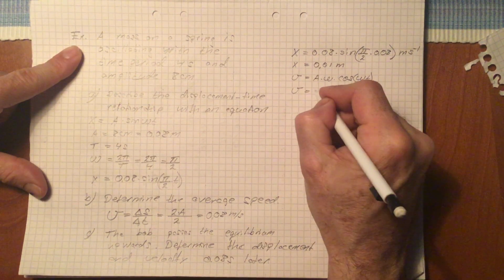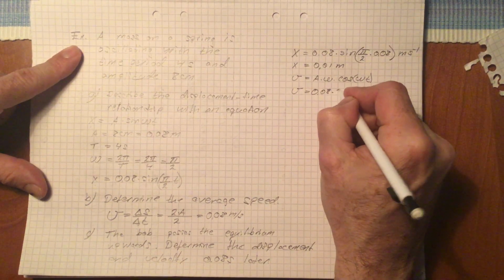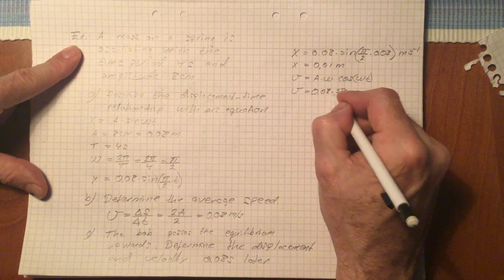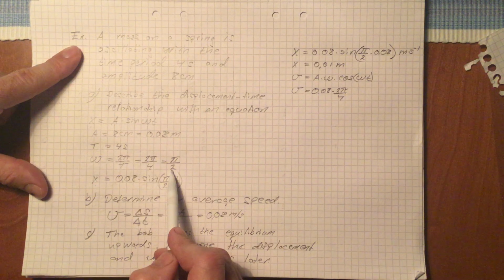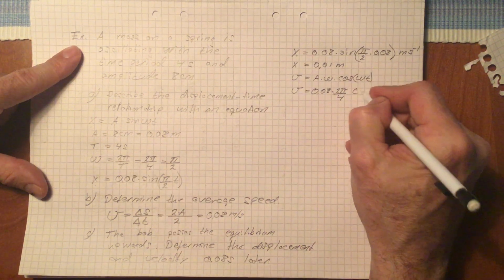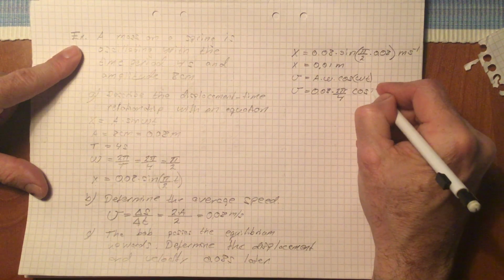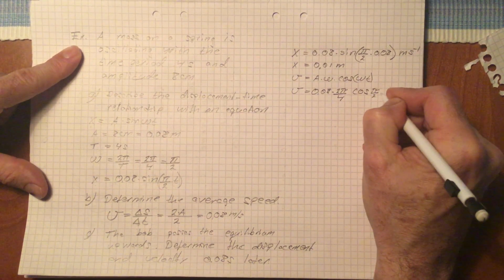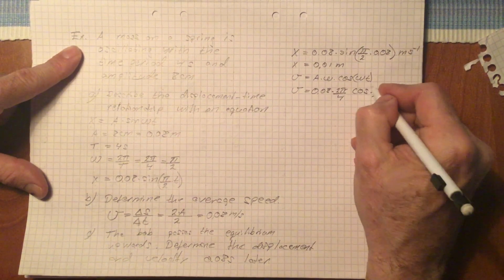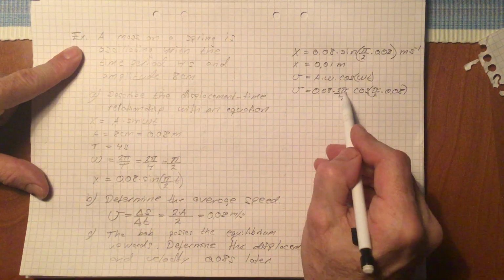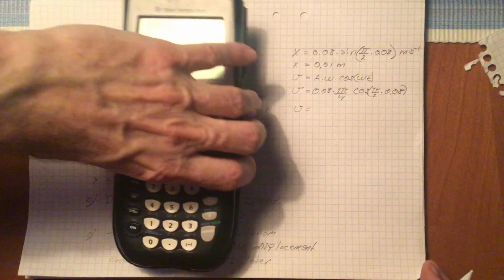So the velocity now is 0.08 times 2 pi divided by 4, or pi divided by 2, that's okay also, times cos of omega t. Now I use this way to confuse you a little bit and to train you in this. So pi divided by 2 or 2 pi divided by 4, that's the same thing.